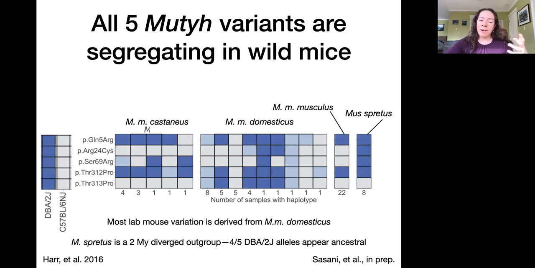And so this would appear to be a good outgroup for calculating ancestral states. And what you see is that in 4 out of the 5 of these cases, it's actually the DBA2J alleles that appear ancestral and not the C57 BLAC6, which is the mouse reference strain.